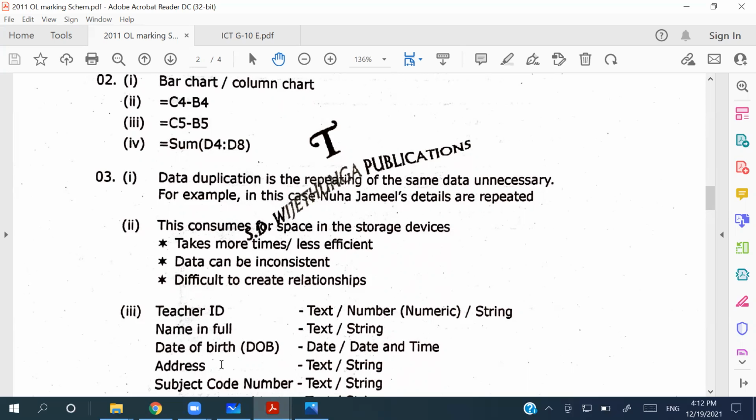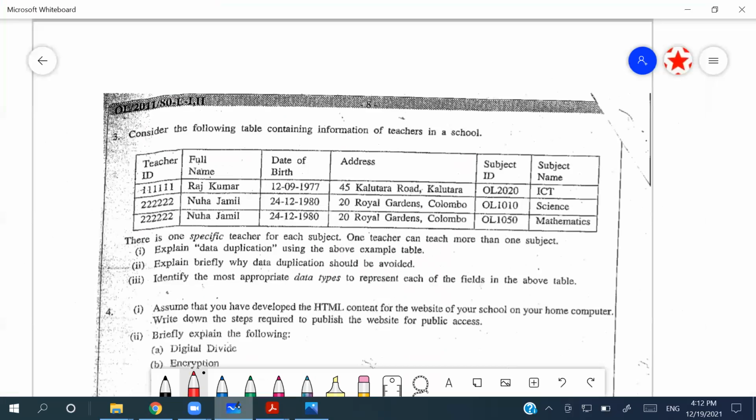Right. So the next part is asking, explain briefly why data duplication should be avoided. Yeah, if the data duplication is there, definitely data redundancy will be formed, right? Data being redundant means it is being duplicated unwantedly.